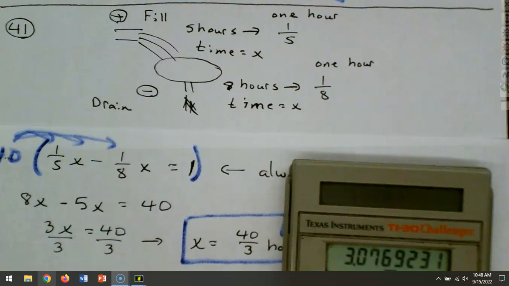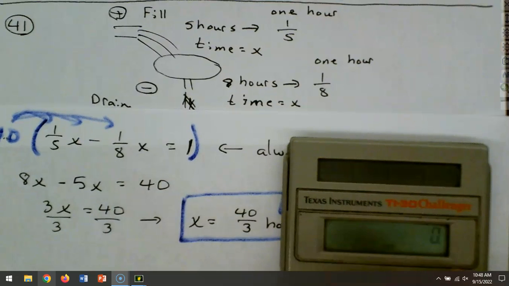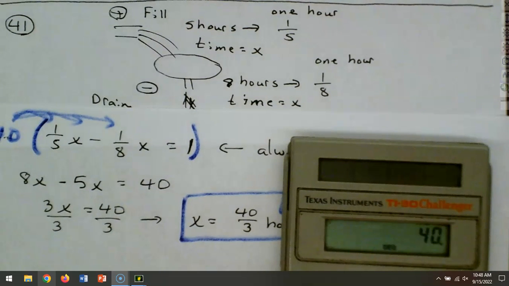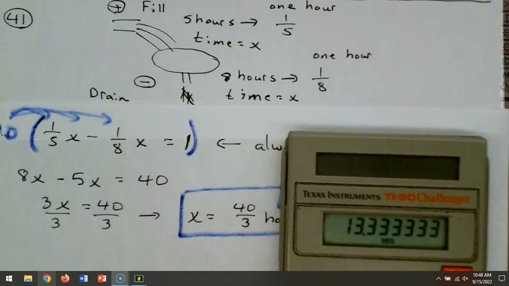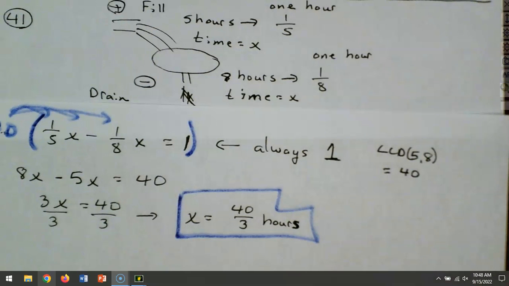Yep, 40 divided by 3 is 13 1/3. Okay, and that's definitely more than 5, right? Because it takes 5 hours to fill it up, but I'm also draining, so it's going to take longer. So that means our 13 1/3, or 13.3, that's going to work because it's bigger than the 5. Because you're also draining at the same time. So eventually it's going to overflow.